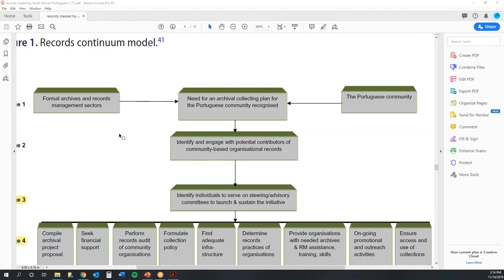So I will note that in the Rodriguez article that we looked at this week related to documenting Portuguese communities in South Africa, the author does provide a more generalized strategy or model for documenting communities, and that's really interesting to look at as well.